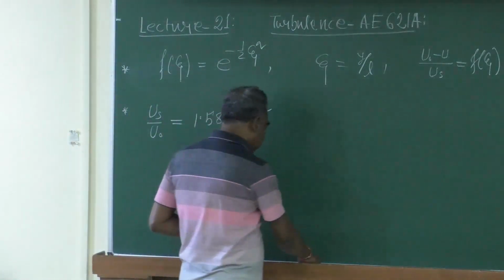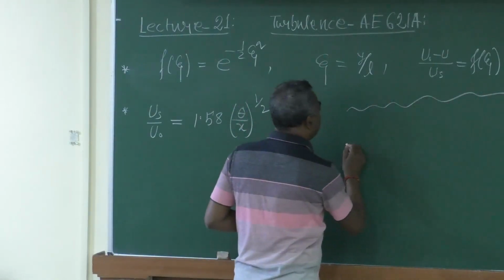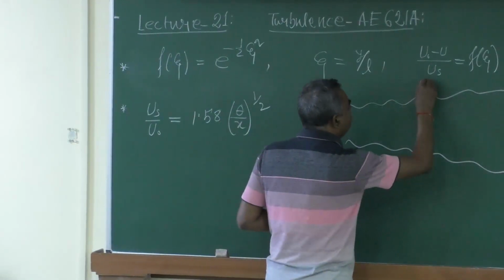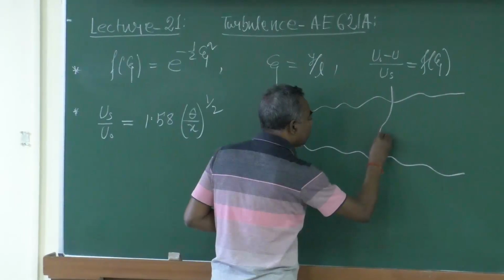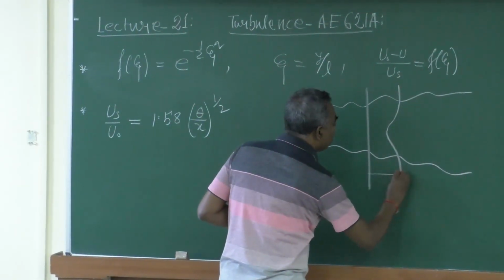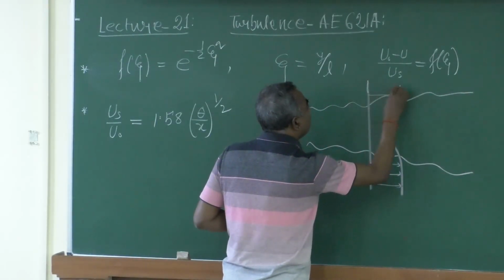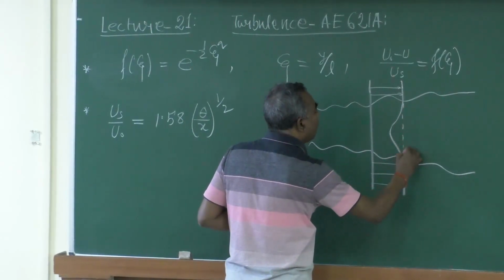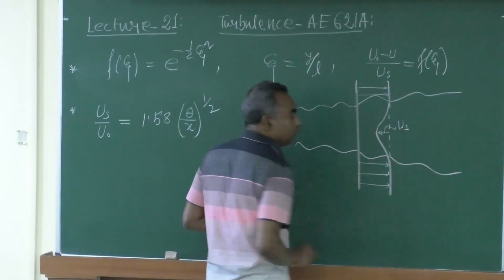So, let me just briefly draw that. So, this is our wake, okay, and if you can remember, our velocity profile looks something like this, right. And this deficit was us, okay.